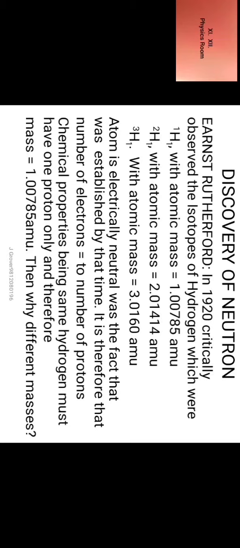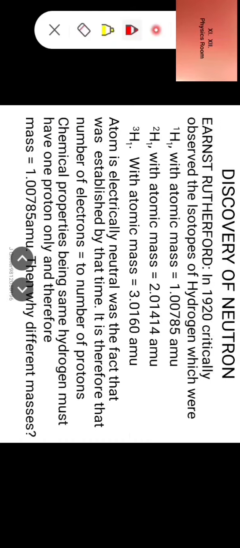Ernest Rutherford in 1920 critically observed the isotopes of hydrogen atom, which were H11 with atomic mass 1.00785 atomic mass units, H21 with atomic mass 2.01414 atomic mass units, and H31 with atomic mass 3.0160 atomic mass units.